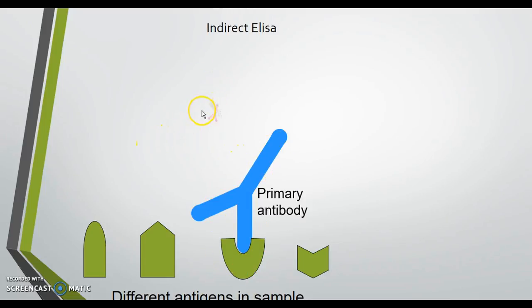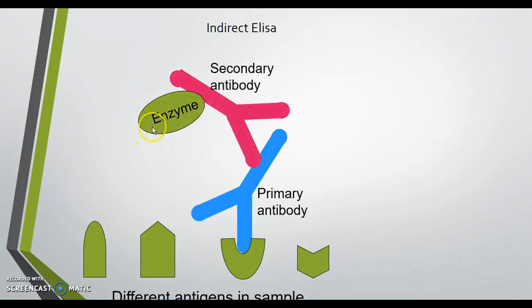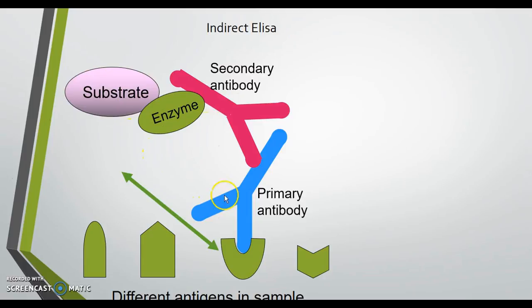The secondary antibody has an enzyme bound to it. This enzyme reacts with a substrate. As you know, an enzyme reacts with a substrate like a key in a lock. They fit together and a reaction leads to the formation of products, as you can see here.